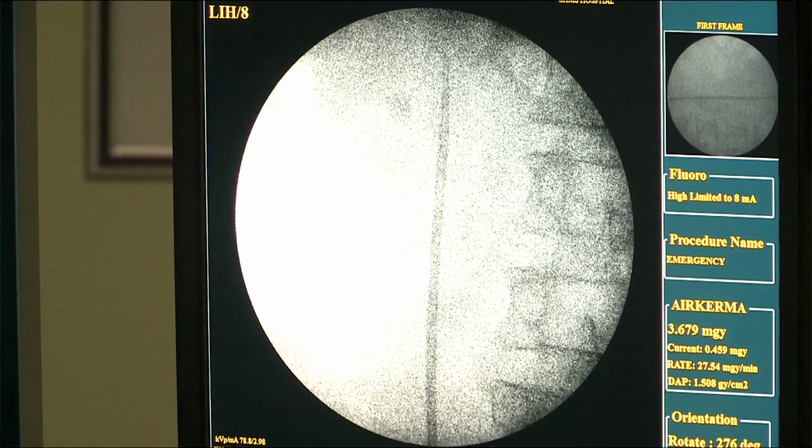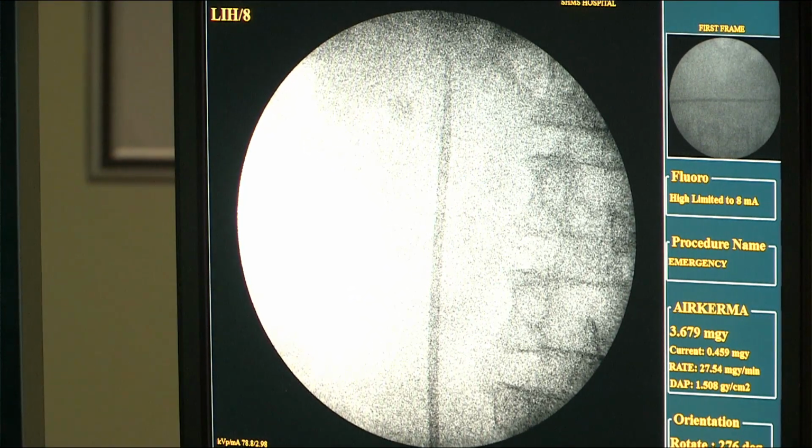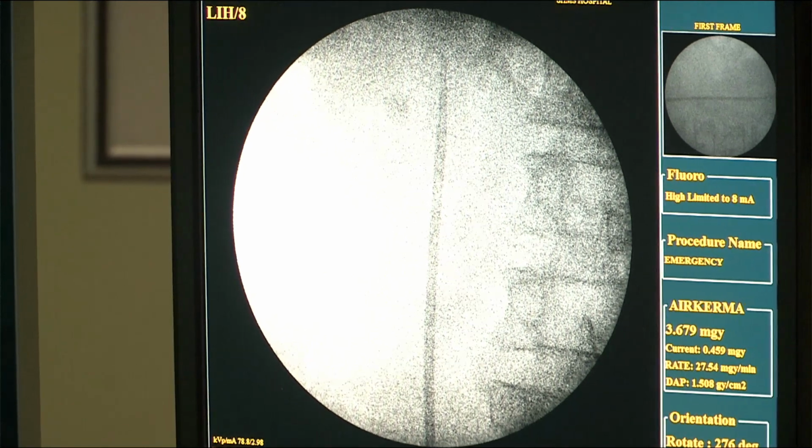I will be using this digital scope Flexus 2 from Karl Storz. Usually I use the VR3 from Olympus, but this time, because the system is here, it is connected here.